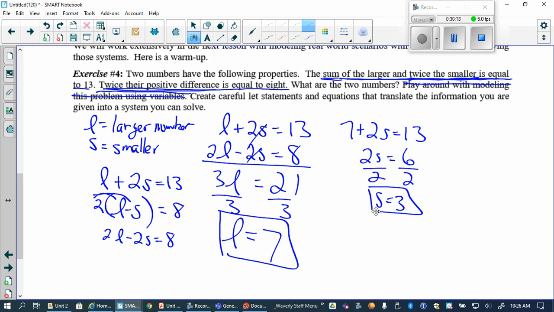So it'd be the sum of 7 and 6, 7 plus 6, 13. What's twice the positive difference? What's 7 minus 3? 4. And what's twice 4? 8. Okay, so it does check out.